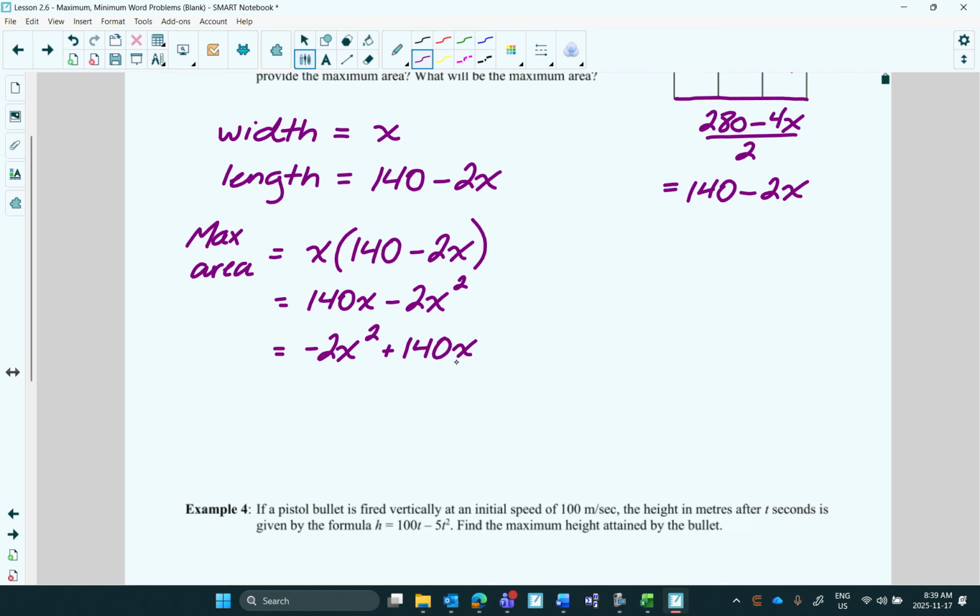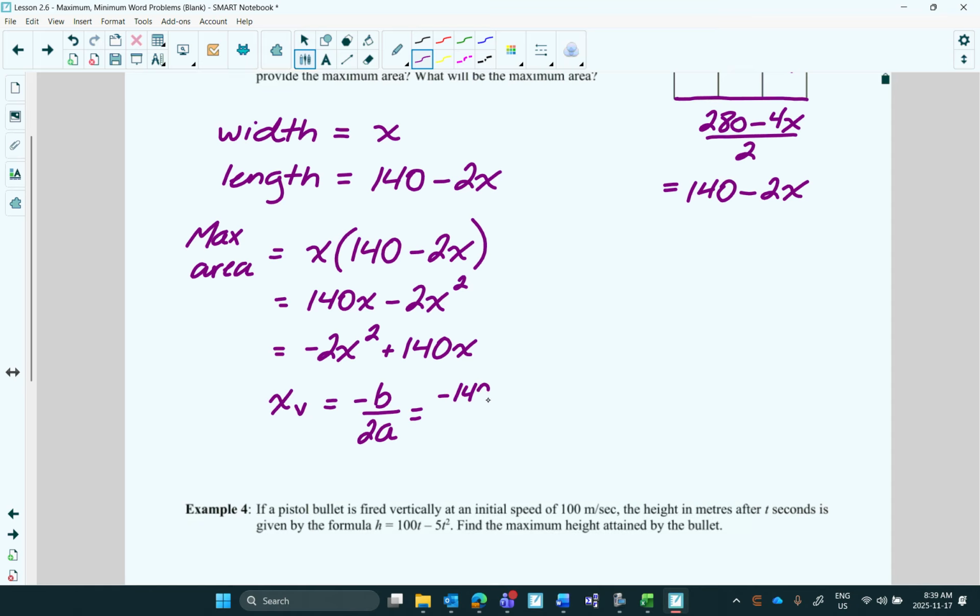So now I'm actually ready to find the width at the maximum. How do I find x at the maximum? Well, that's the vertex. That's negative b over 2a. What's b? Looking at your quadratic function in standard form, 140.